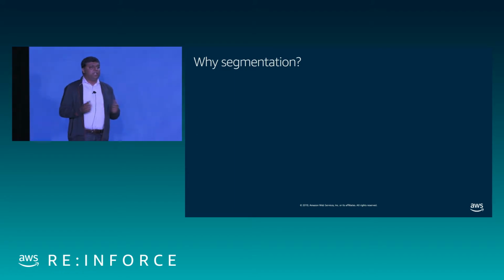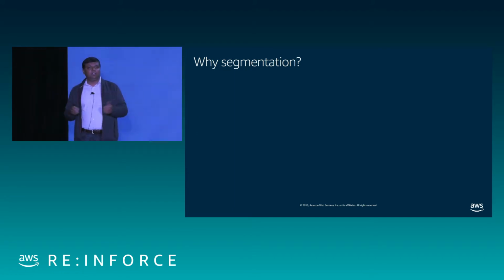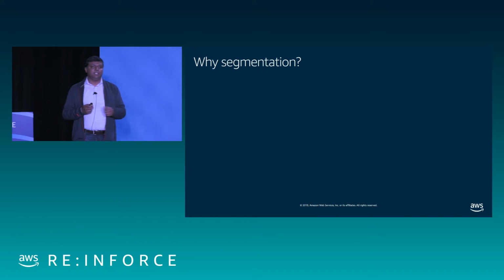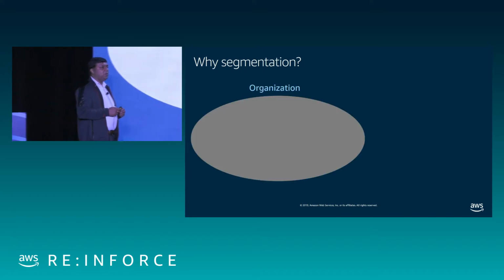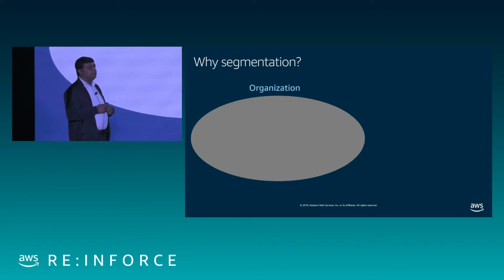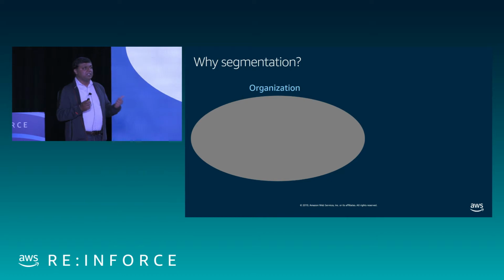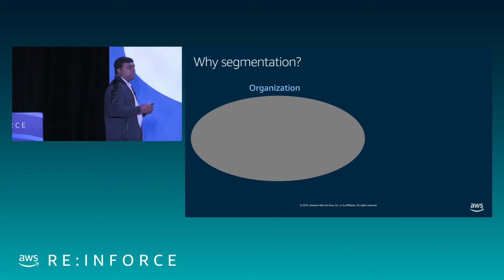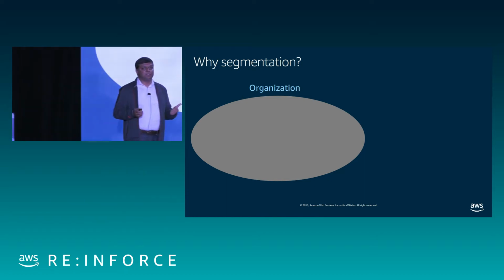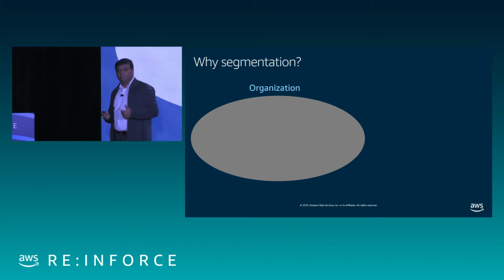So why segmentation? We have defined our scope, but why do we need segmentation? If you are an organization, you have your whole organization's resources, maybe IT resources, people, processes, but you don't want everything to be in your scope. This is just to reduce your compliance work.